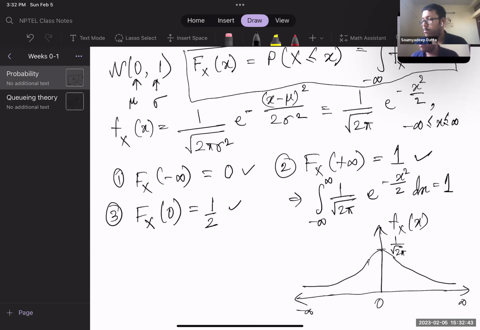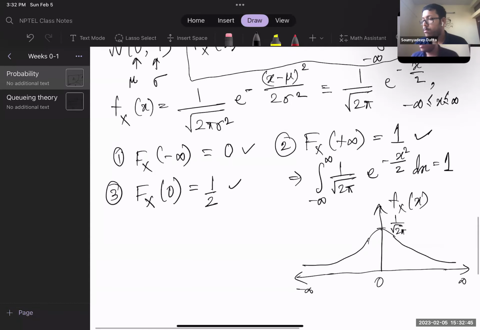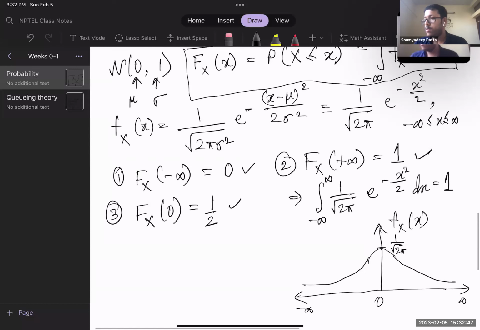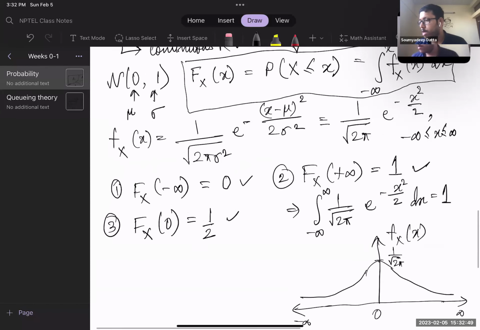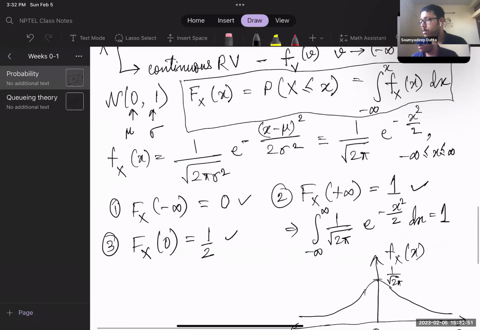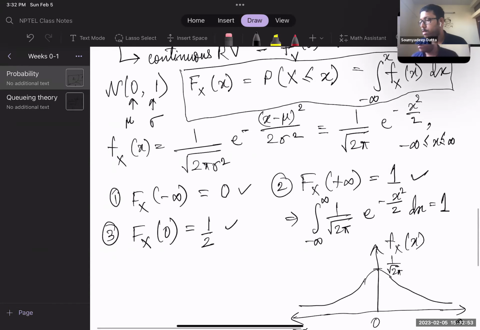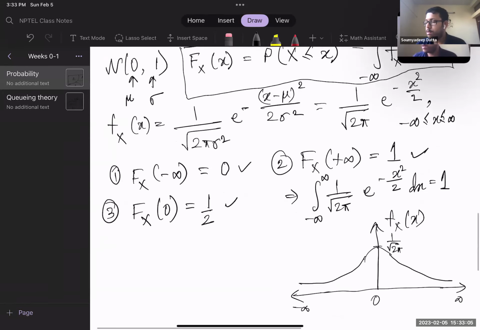Because very simply, even if you forget other properties, this PDF is an even function. You can see that it is symmetric around x equal to 0.